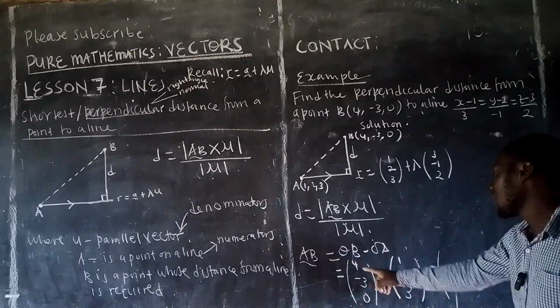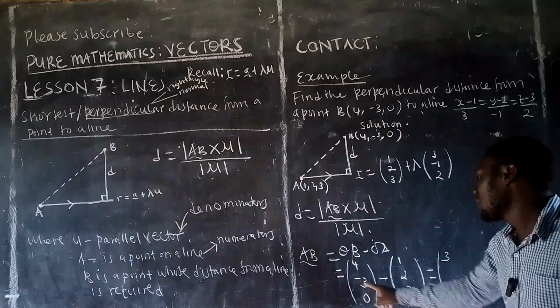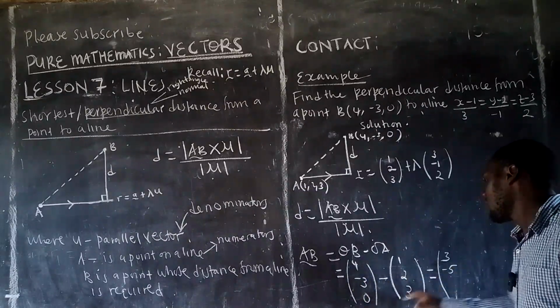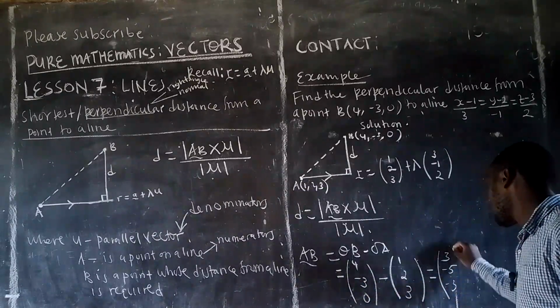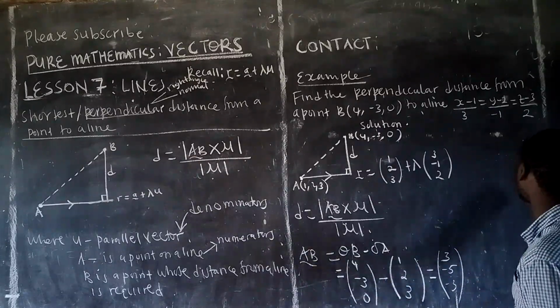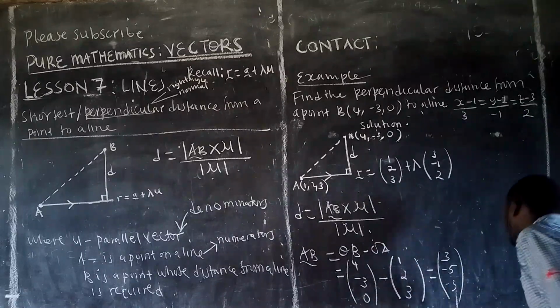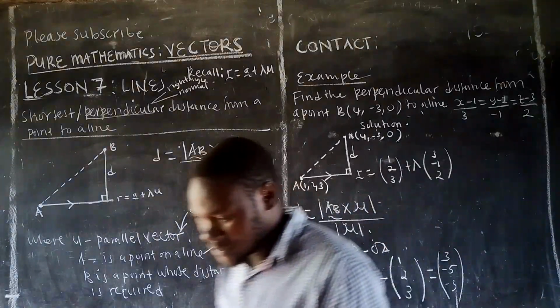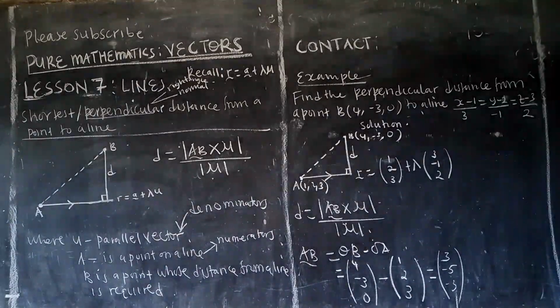So when you subtract, 4 minus 1, you get 3. Negative 3 minus 2, you get negative 5. 0 minus 3, you get negative 3. So AB will be that. All right. Let us proceed with our work.